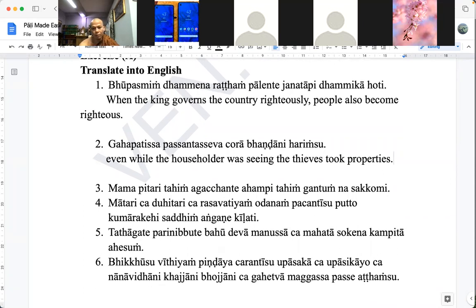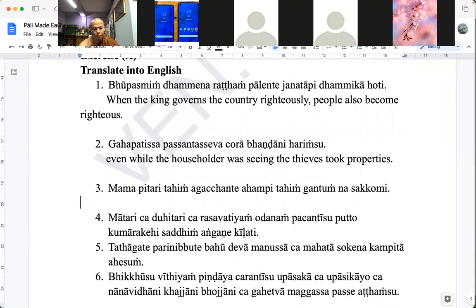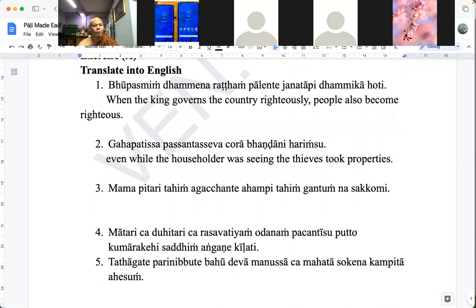And then now, number 3. So Mama Bitari Dehe Akachandi Ahambi Dehe Gando Not Sakomi. So that one is also a present participle, locative absolute construction.